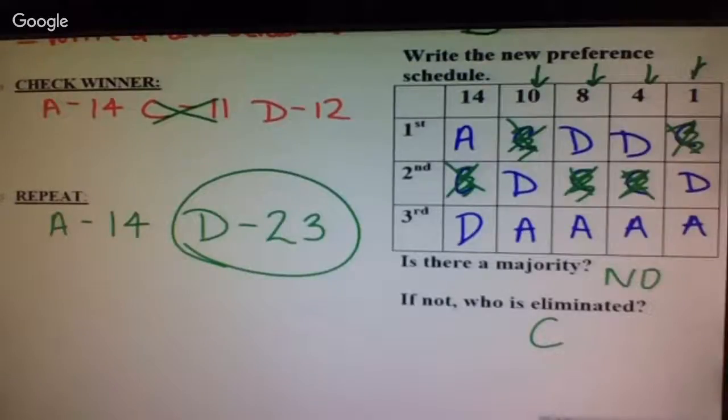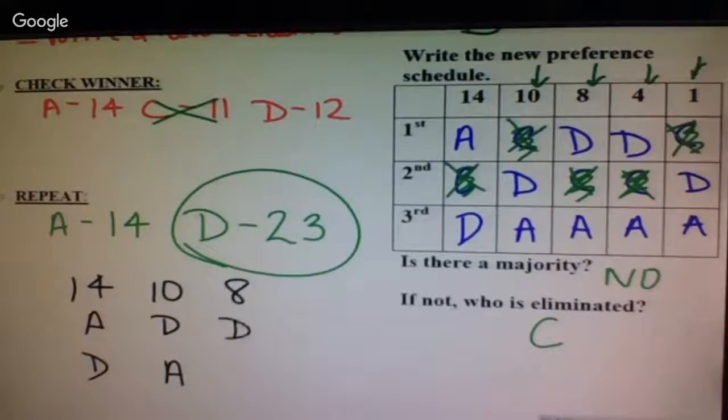Yeah. Okay, so let me rewrite this actually. If I take C out and rewrite this, that means my first column is now 14, AD. My second column is 10, DA. Then we've got 8, DA, 4, DA, and 1, DA.